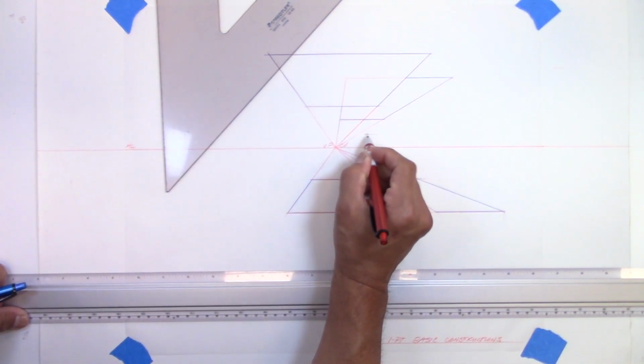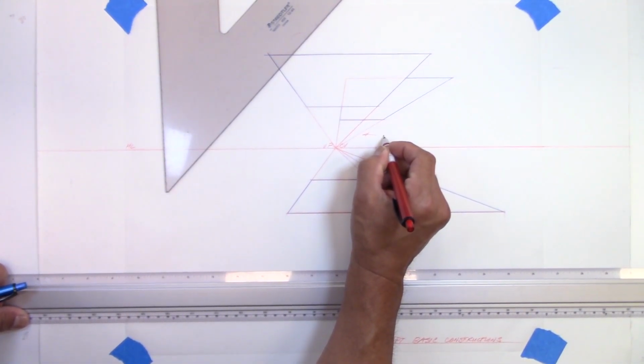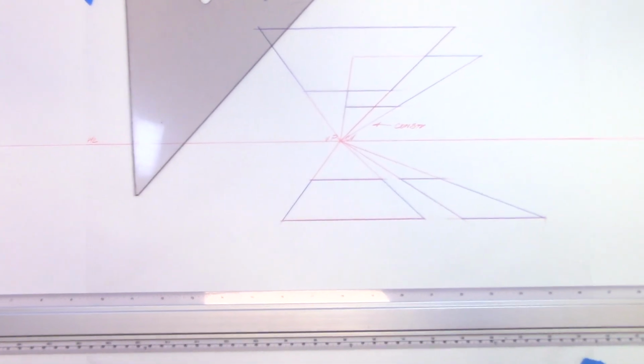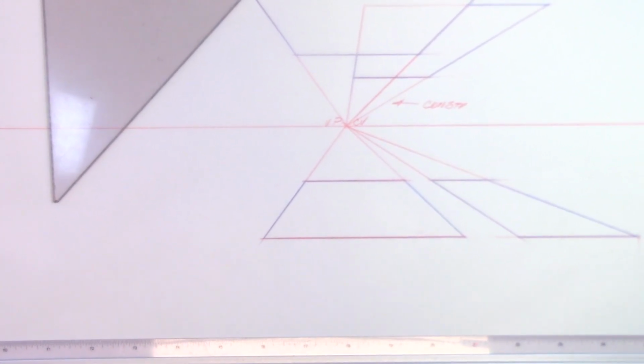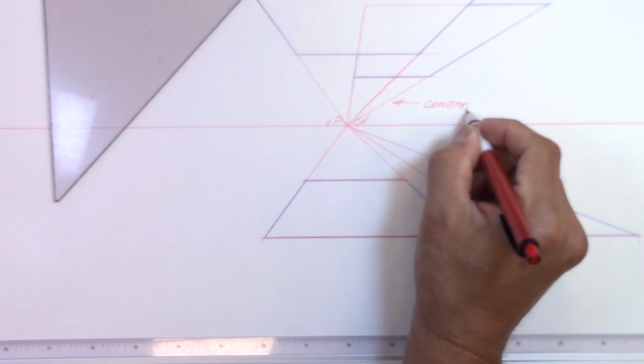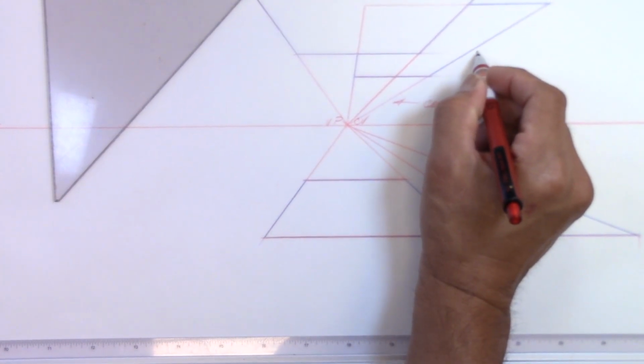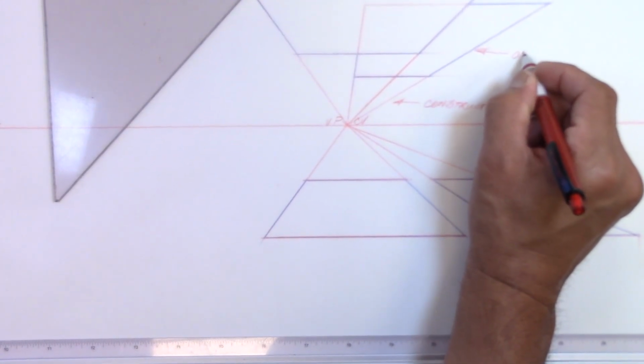Okay, so we have construction lines. Allow me to make this a little bit bigger so you guys can see. Those are construction lines. These are object lines.